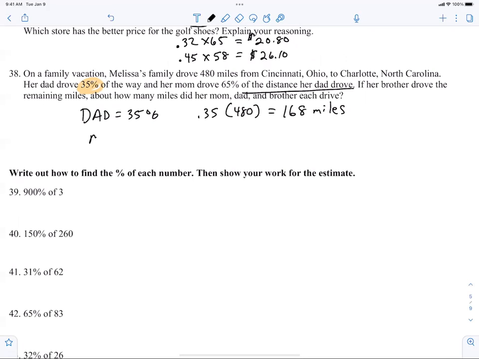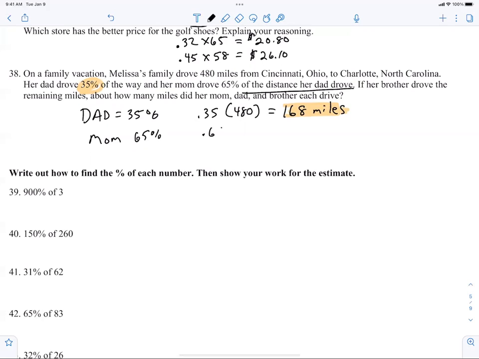Now, the mom drove 65% of what the dad drove. Then I found 65% of 180. No, that's not what it says. 65% of 168. Thank you. Very smart. I got 109.2.